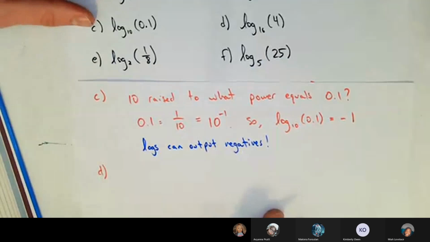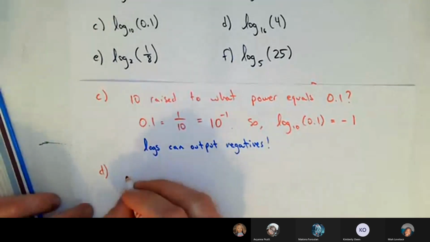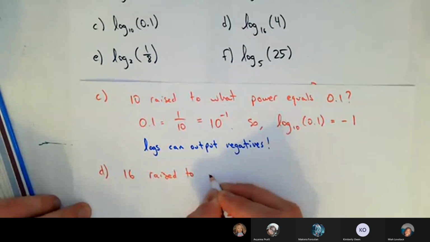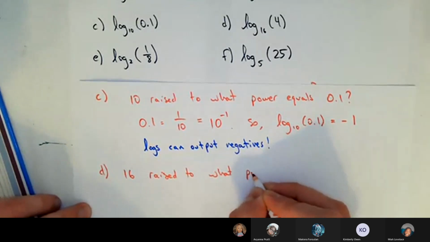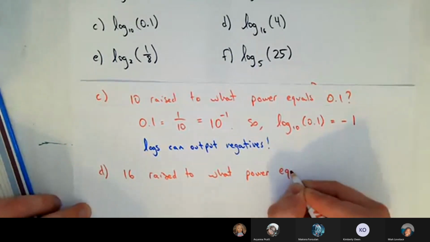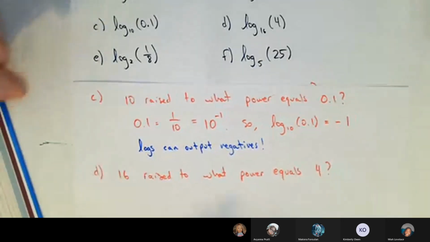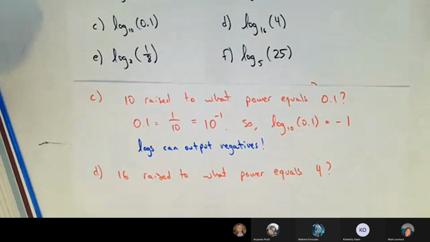Log base 16 of 4. So I'm asking 16 raised to what power equals 4? That's interesting because the answer is smaller than the base, right? So how can this happen?